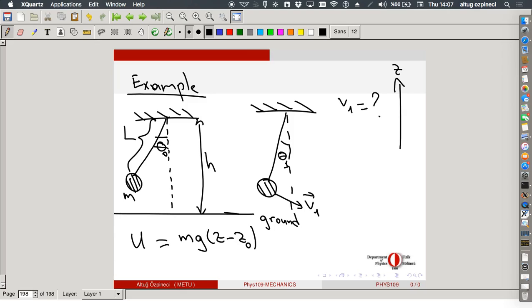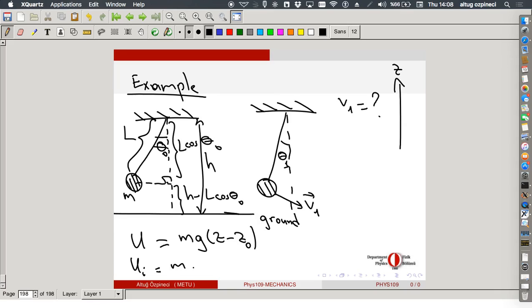Okay, so what is the initial potential energy? Well, let's see. This length is L times cosine theta 0. So over here it is H minus L cosine theta 0.